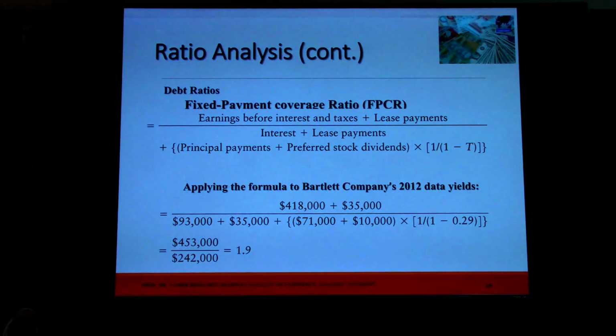In this equation you take the sum of principal payment plus preferred stock dividends, and you multiply it by 1 divided by 1 minus T. What is T? T here is the tax rate, معدل الضريبة.